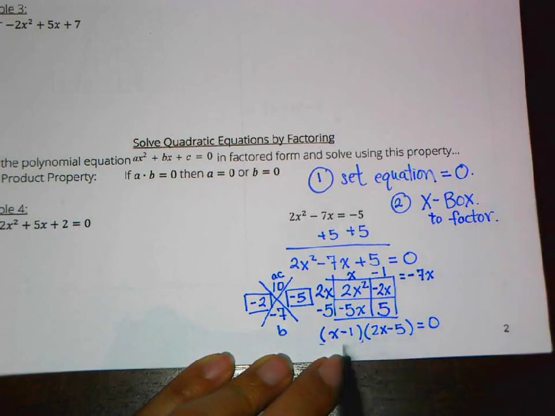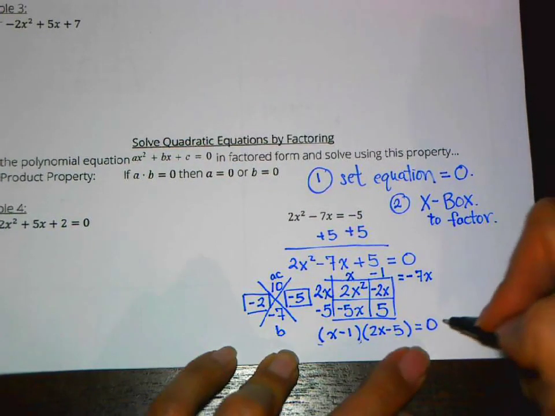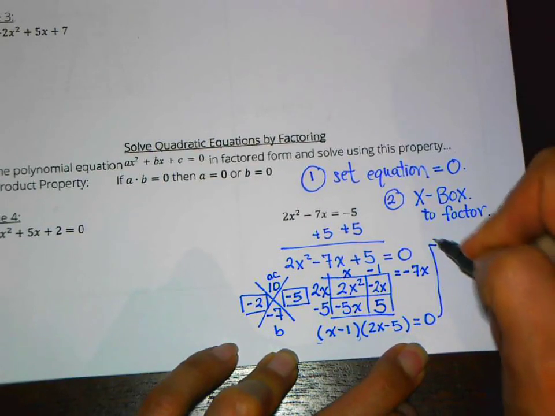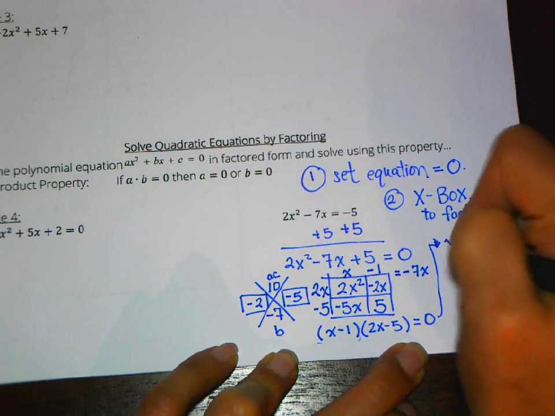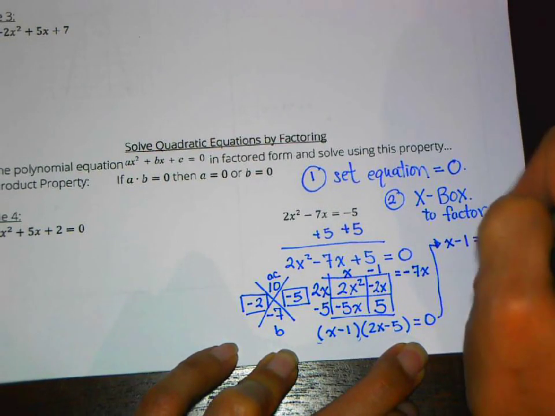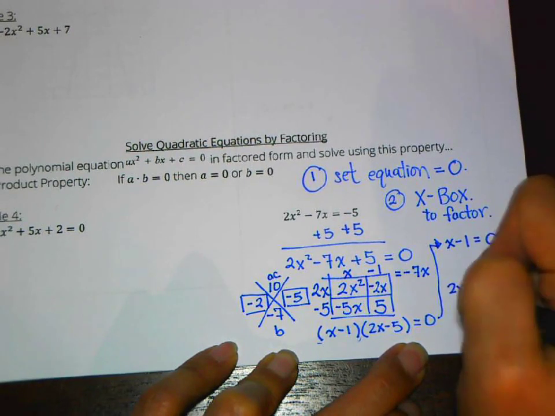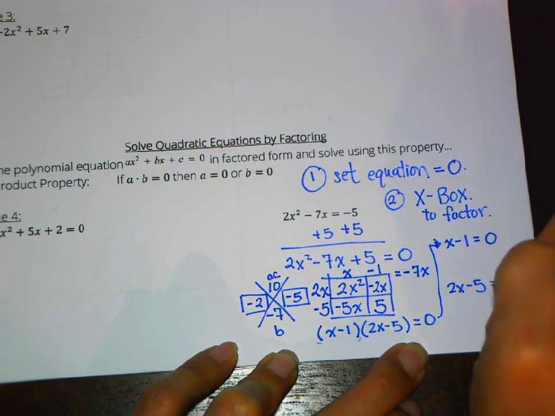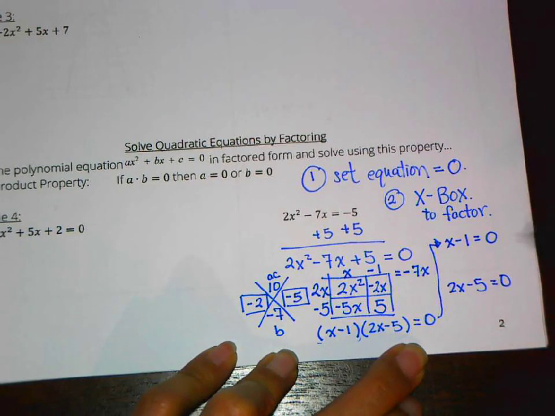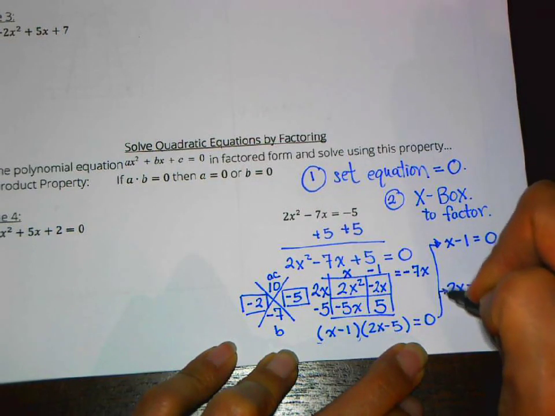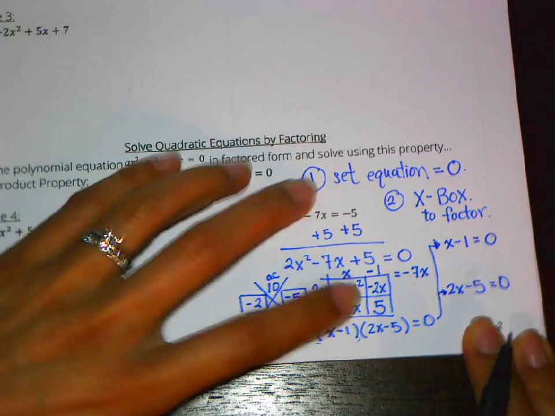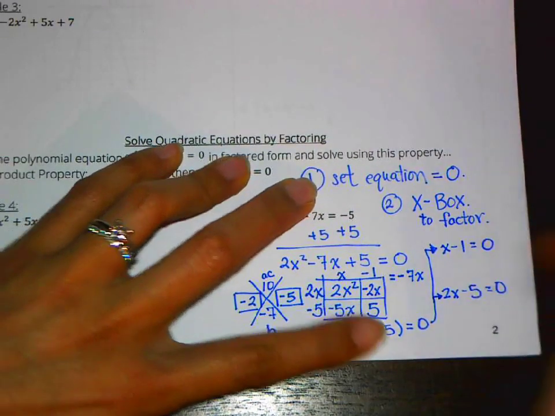If they multiply to equal 0, I know that x minus 1 has to equal 0, or 2x minus 5 has to equal 0. Now that I have two equations, I can solve each one of them to figure out what x is.